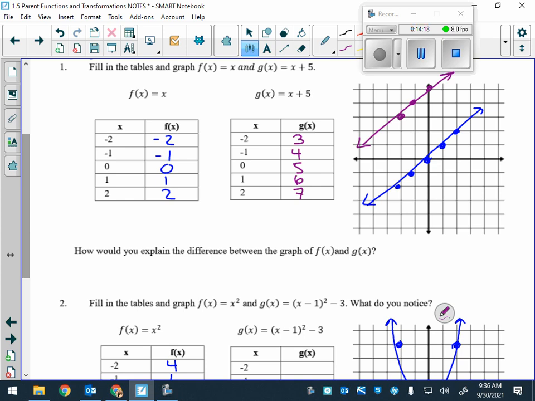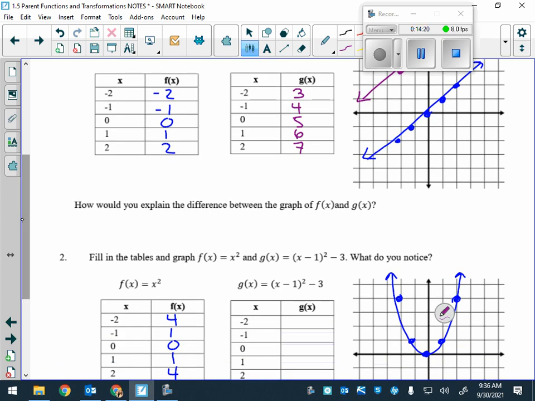What do you notice? Jax? Aren't they parallel? They also have different equations, you're right. They are also linear functions.